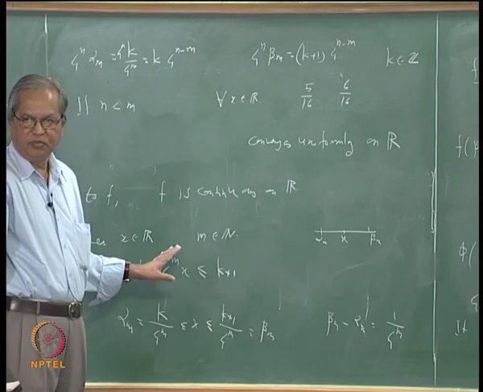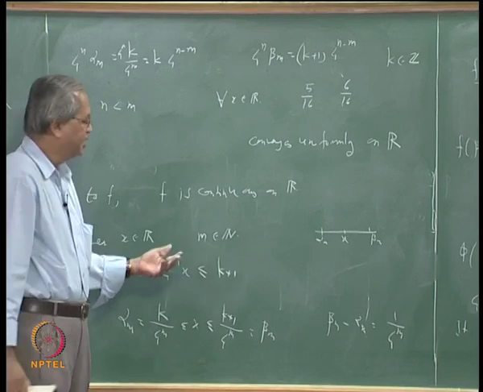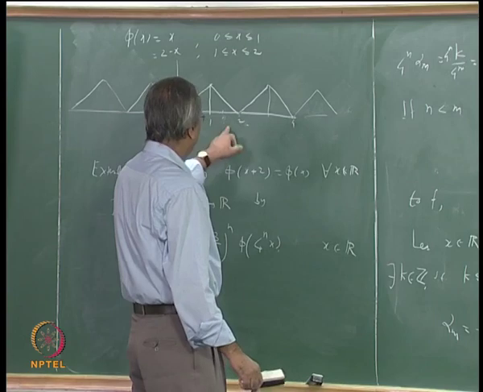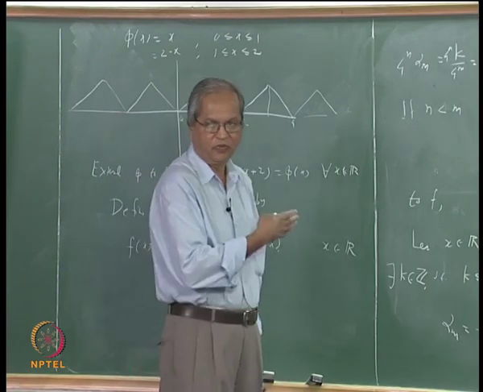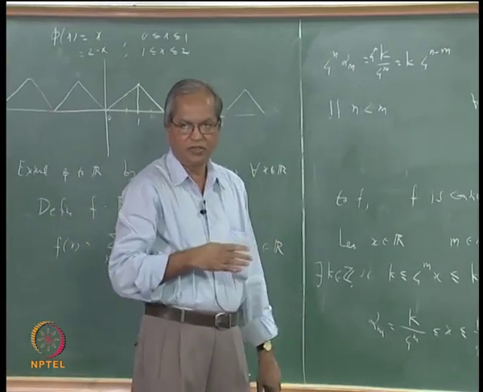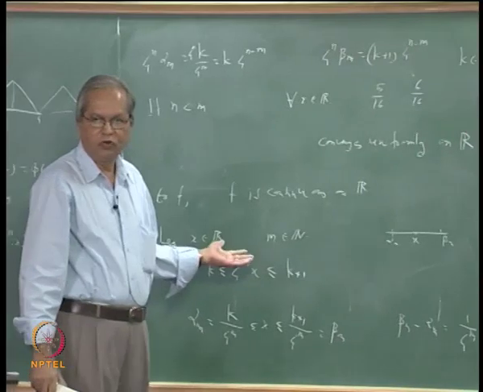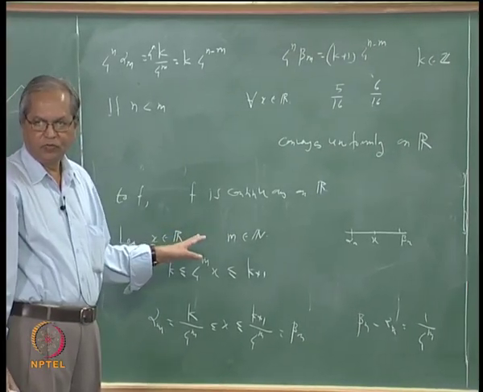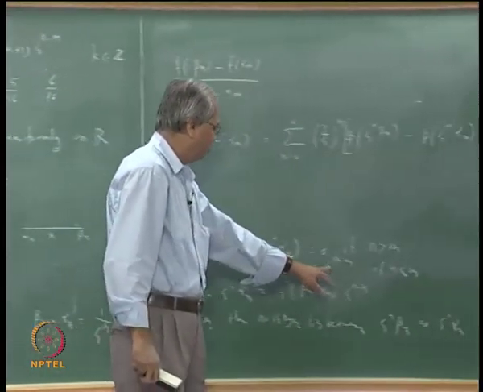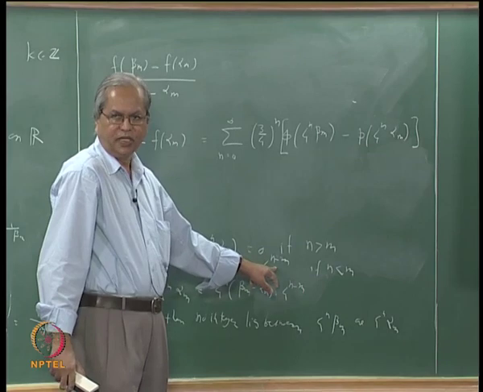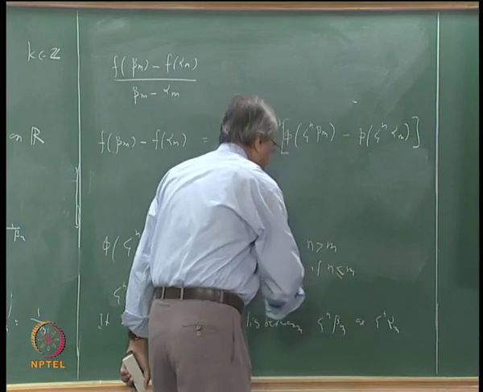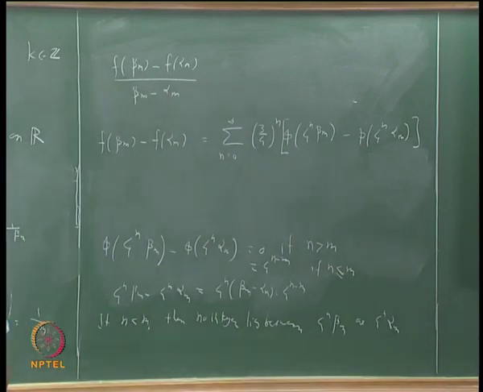Remember, phi is 1 at all odd integers and 0 at all even integers. So between k and k plus 1, one of them will be even and one will be odd, so the difference will be 1, which is covered by this same formula. If you take n equal to m, this will be 1. So I will say this holds if n is less than or equal to m.